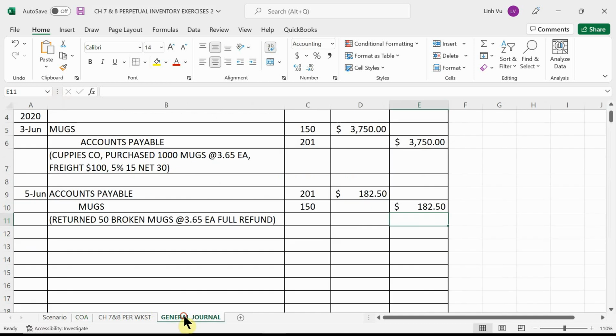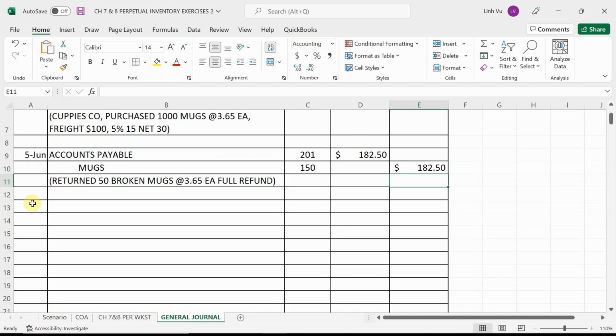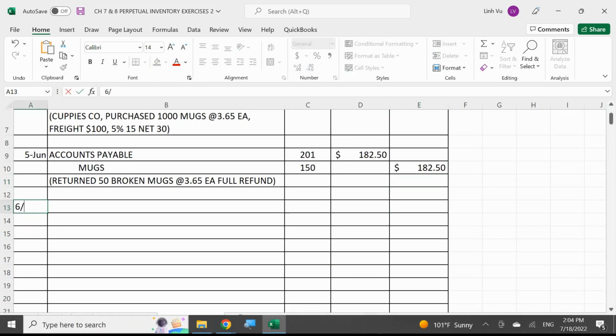First, we have to recognize that on June 5th, we sold something for cash. So cash comes first, which is account 102. And we had some sales, 401, and we had to charge some sales tax.